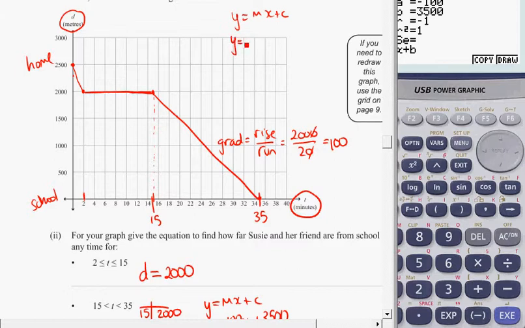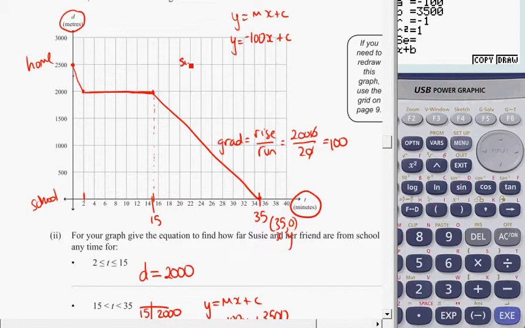So y would equal negative 100x plus c. Right, now we can substitute either point into the equation. So we'll take this point as friendlier. The value is 35 and 0, x and y.